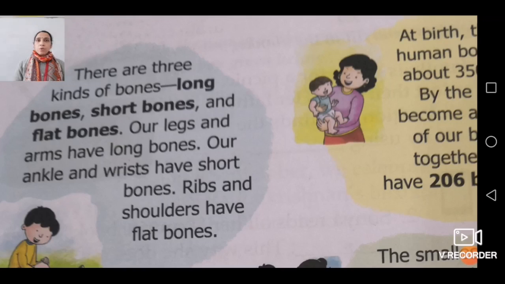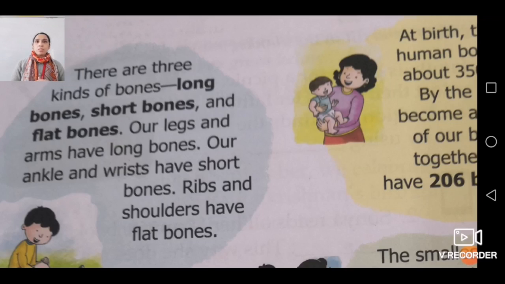There are three kinds of bones. I'll read it out once again for you all, and you have to remember these three kinds of bones like that. Long bones means your thigh bone or upper arm. Then short bones, that particular kind of bone.